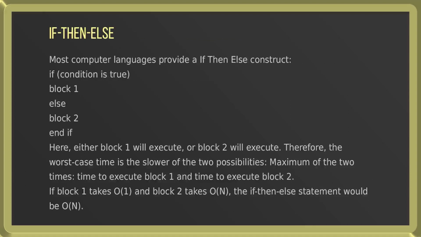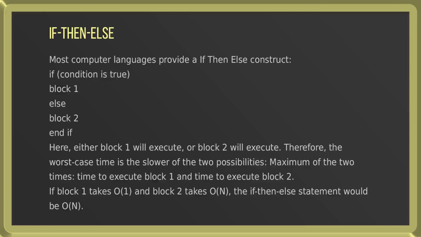If-then-else. Most computer languages provide an if-then-else construct. If condition is true, then execute block 1, else execute block 2, end if. Here, either block 1 will execute, or block 2 will execute.